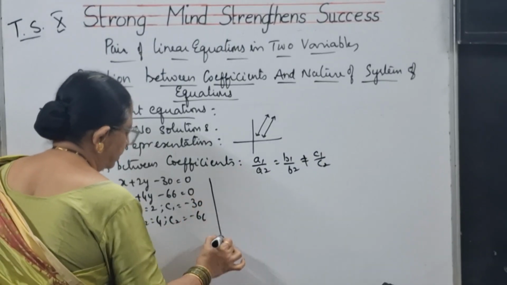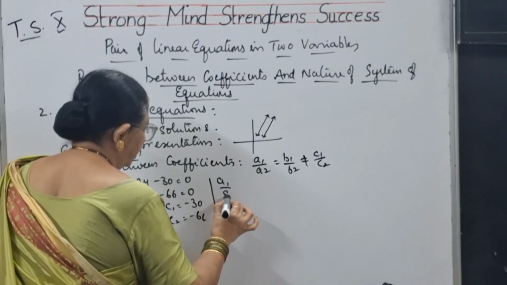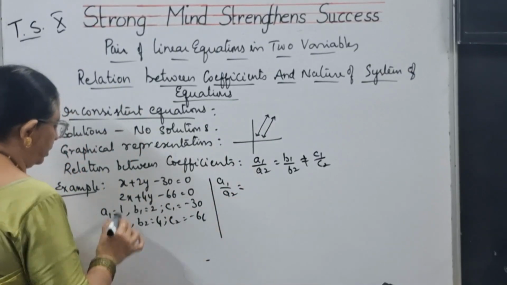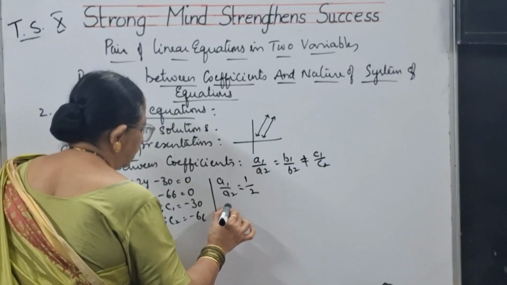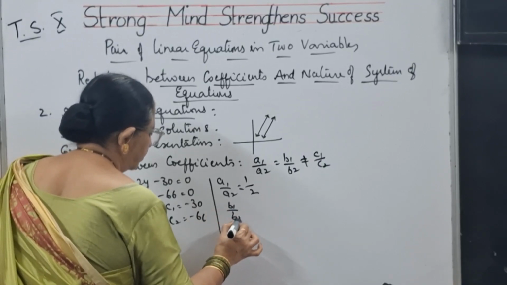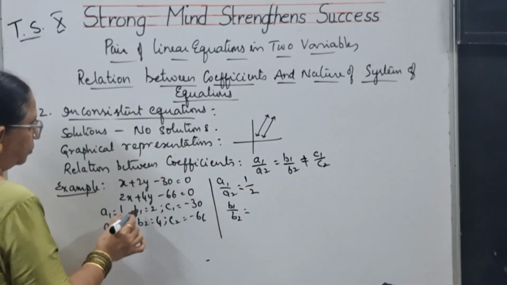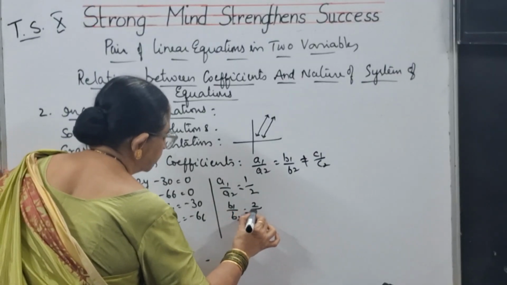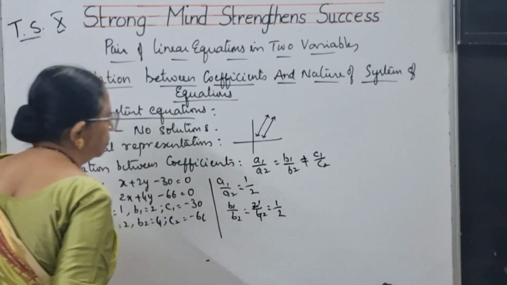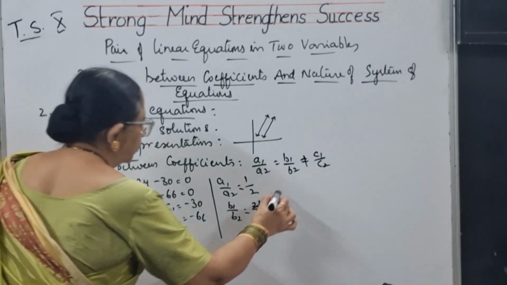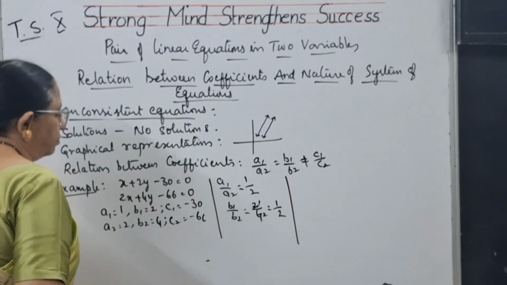So now let us see. a1 by a2 is 1 by 2. Then b1 by b2, 2 by 4, that means 1 by 2. Then we go for c1 by c2.